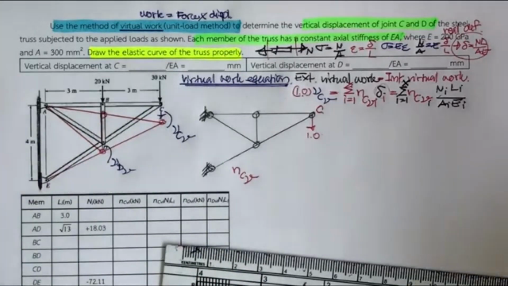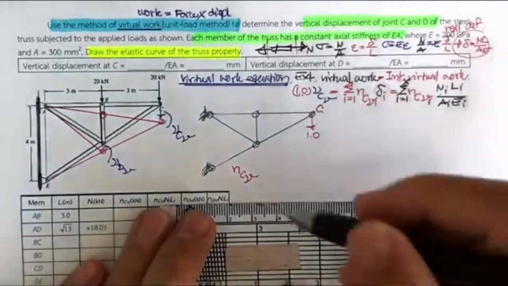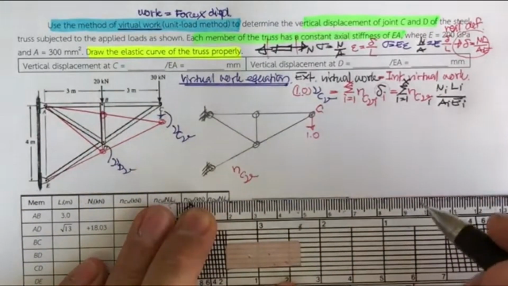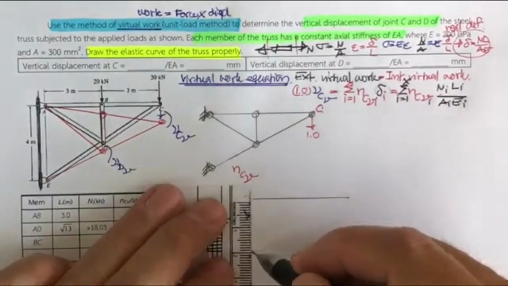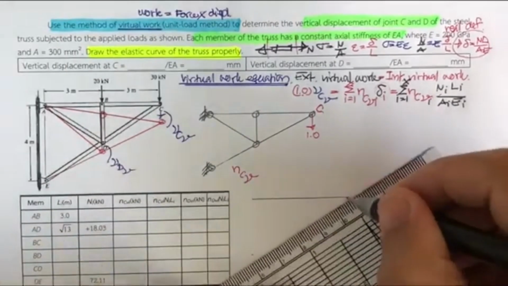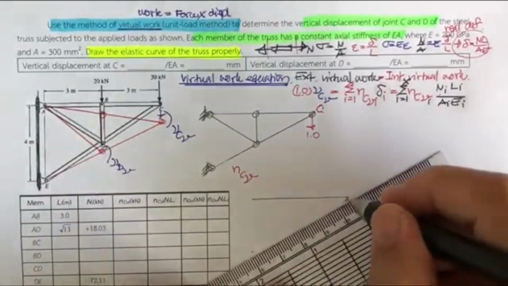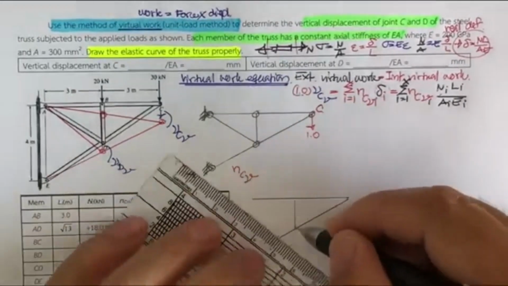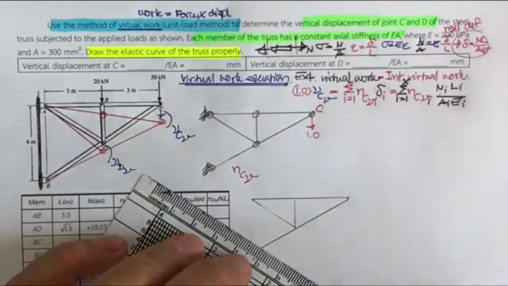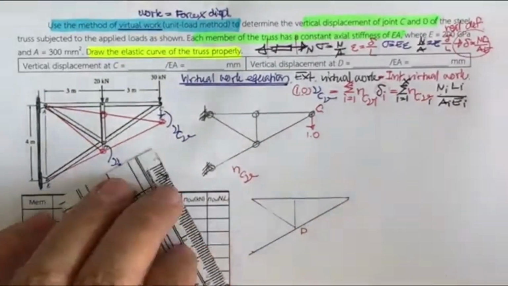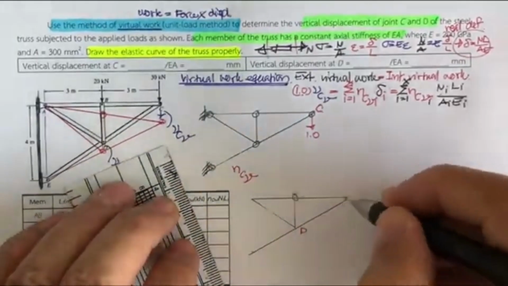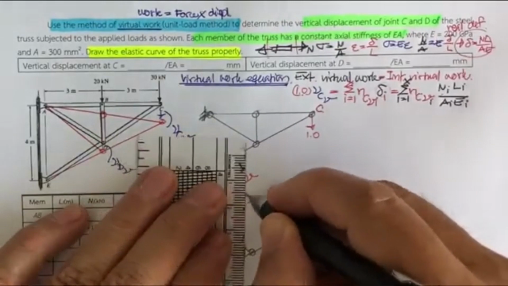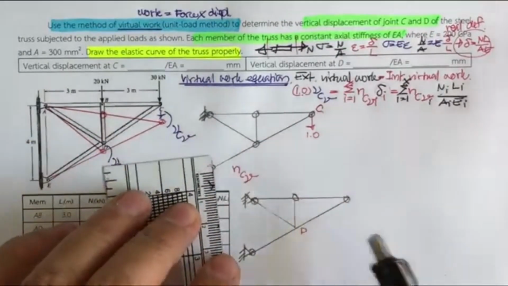How about the equation for the displacement at D? It's the same thing. You draw another truss with point D here, and you put the 1.0 force at this point.